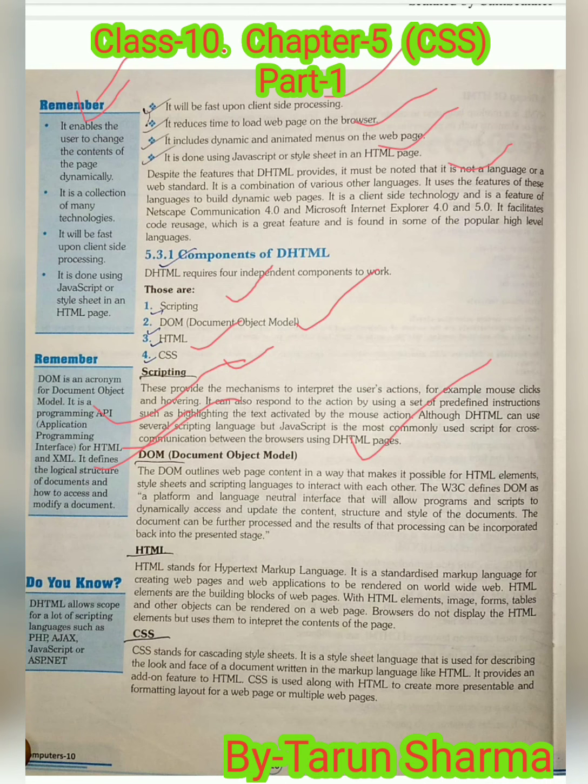The document can be further processed and the results of the processing can be incorporated back into the presented page. Simply, with DOM, we can have a map of every element in the HTML page.